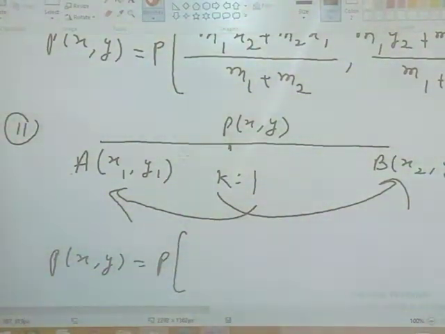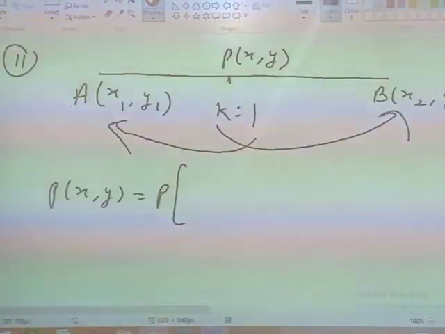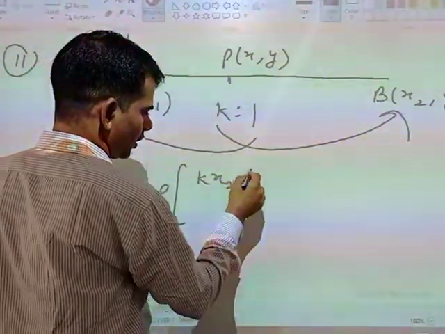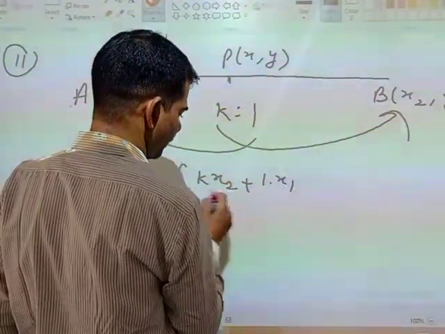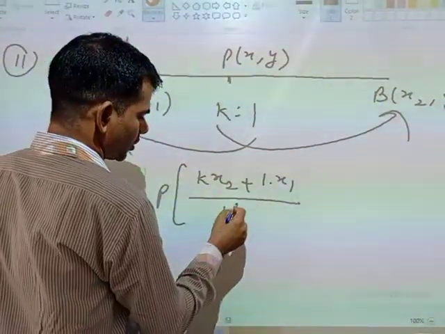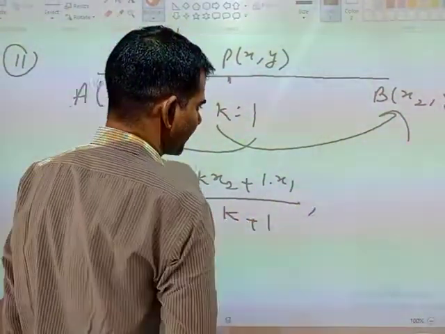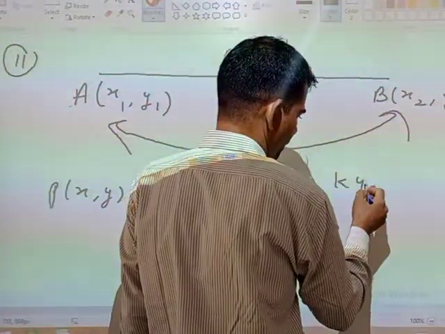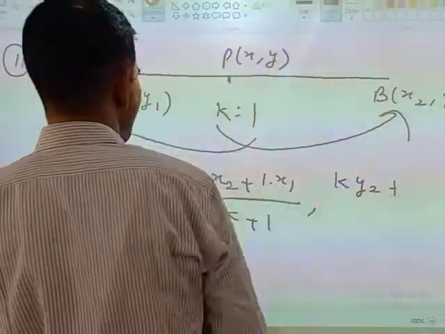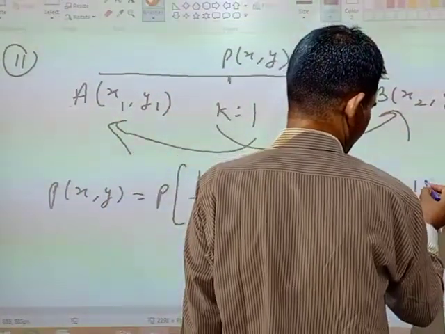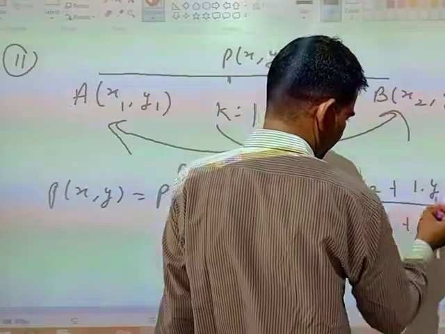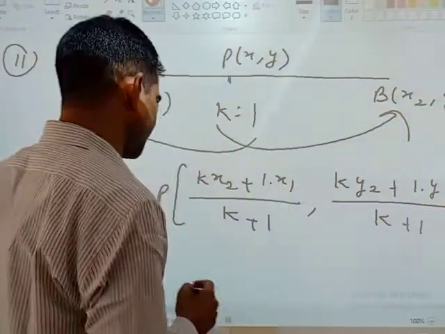K into x2 plus 1 into x1 divided by k plus 1, and k into y2 plus 1 into y1 divided by k plus 1.